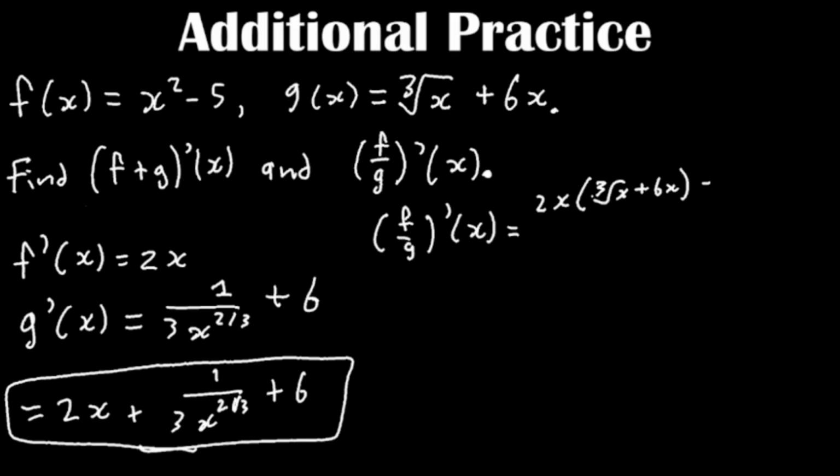Minus f is going to be x squared minus 5. And then g prime, 1 second, I'm going to move this over, because we're running out of room.